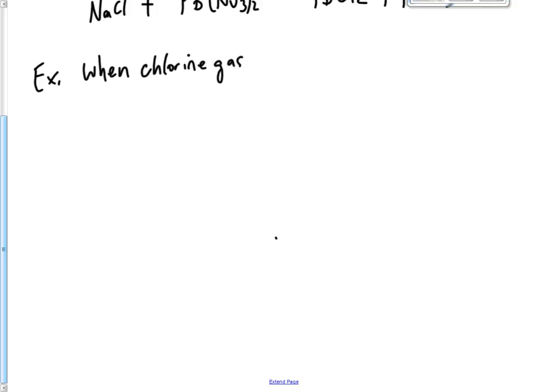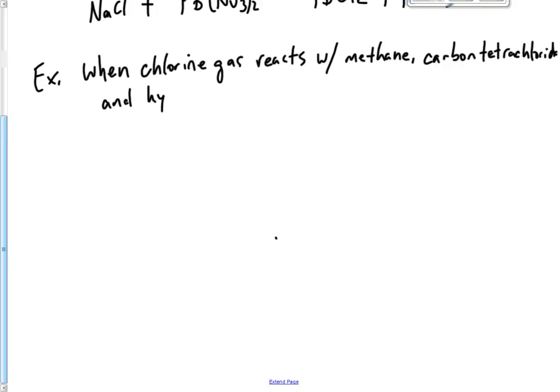So when chlorine gas reacts with methane, carbon tetrachloride and hydrogen chloride are produced.